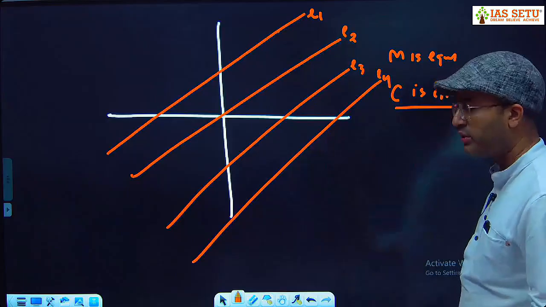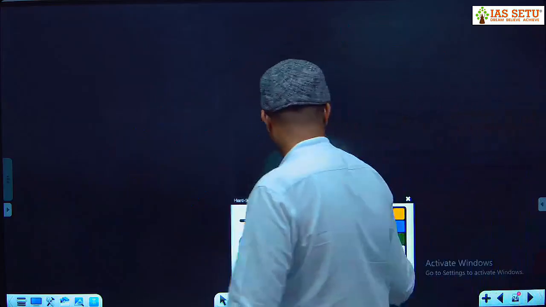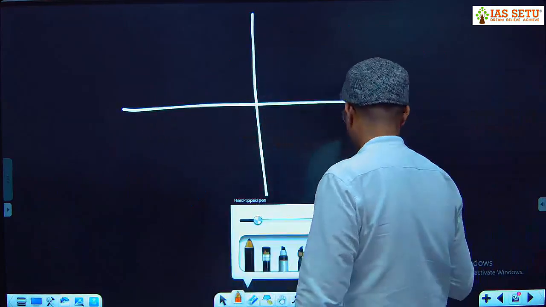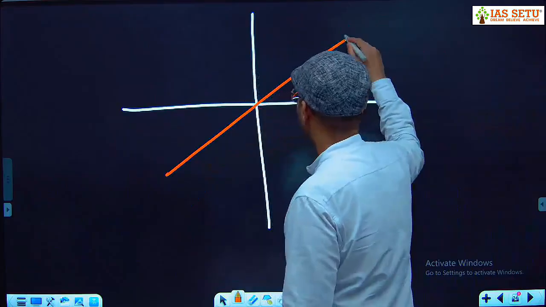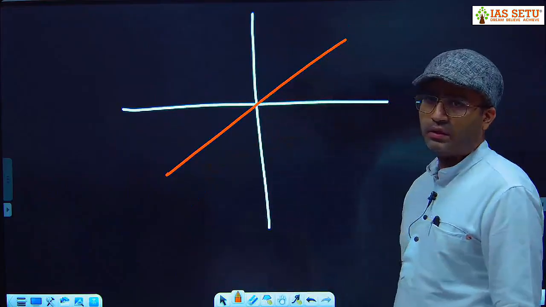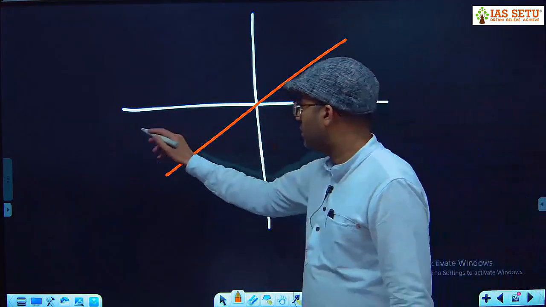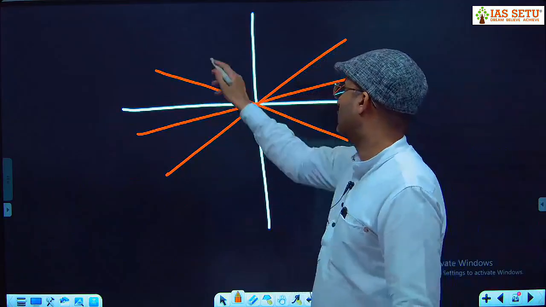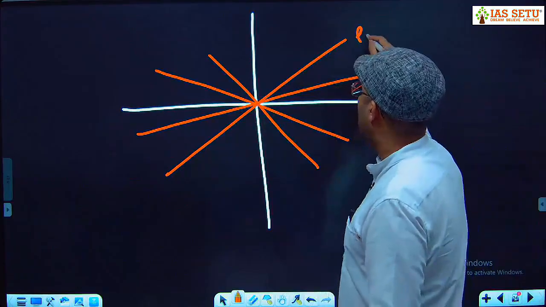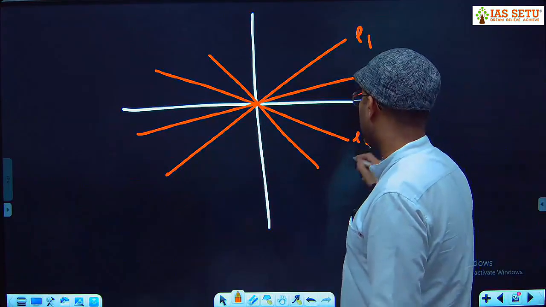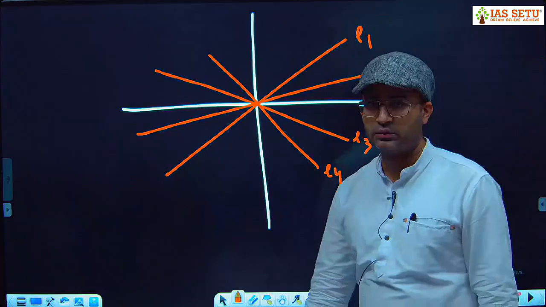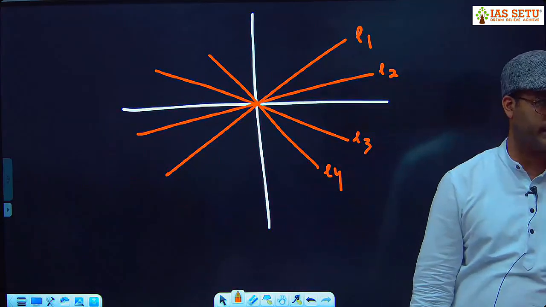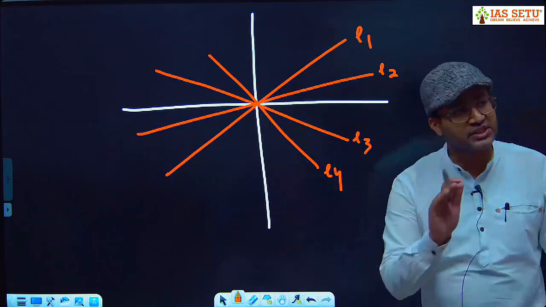Let me tell you one more thing. L1, L2, L3, L4. If these four lines are passing through a single point, it means c is the same.